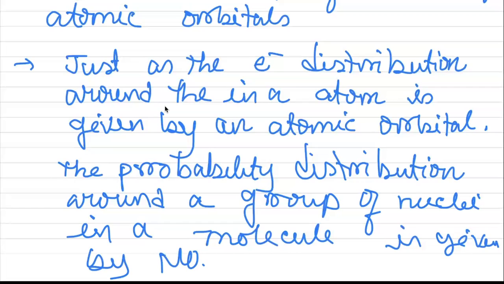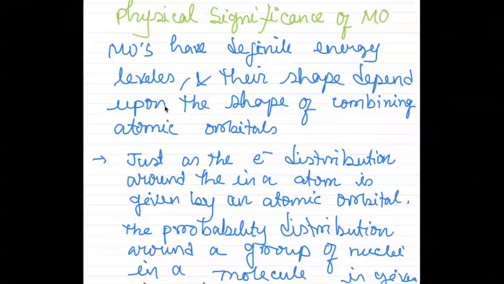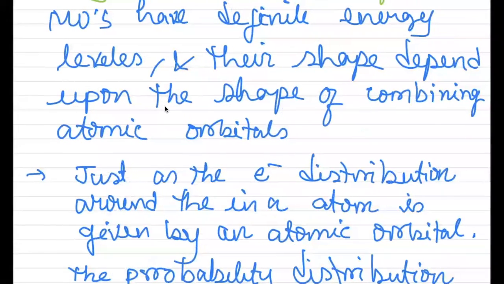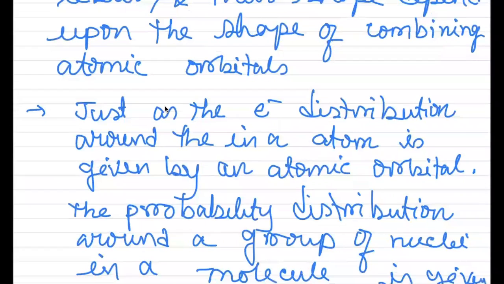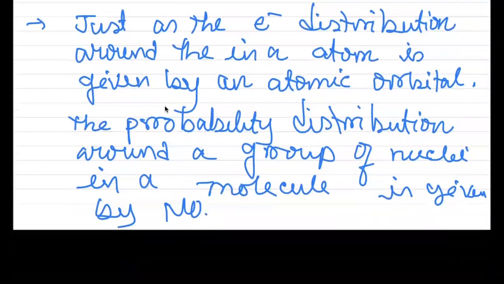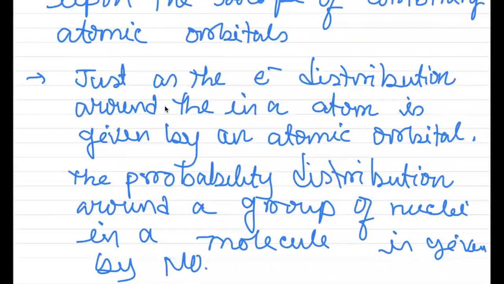So actually in atomic structure, what you have learned, where we can find the electron around the nucleus, the electron density is high. That means there will be an electron cloud. Just like the electron distribution in an atom is given by an atomic orbital, the probability distribution around a group of nuclei is given by molecular orbitals.